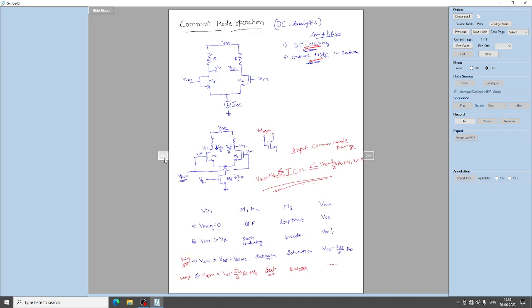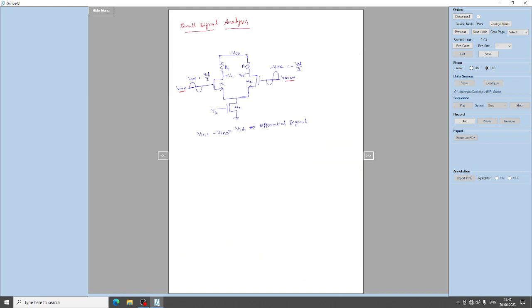You call this input common mode minus, that is minimum, and this input common mode plus, the maximum range, right. So these are the two limits on which your AC signal is sitting, right, and it is a differential signal.